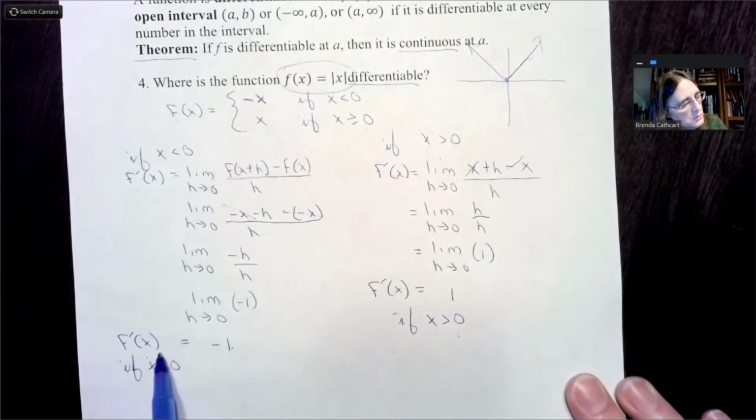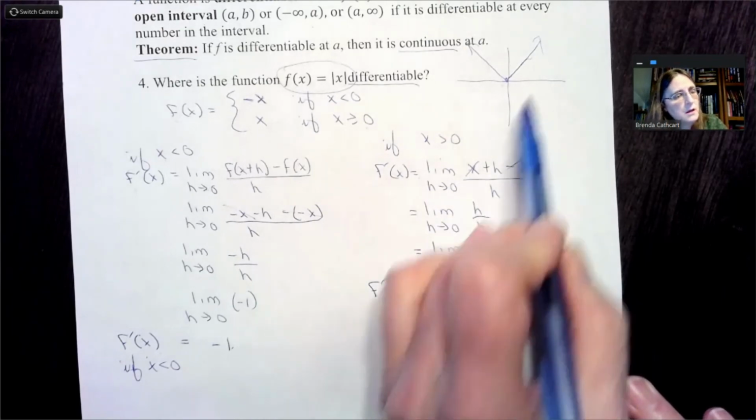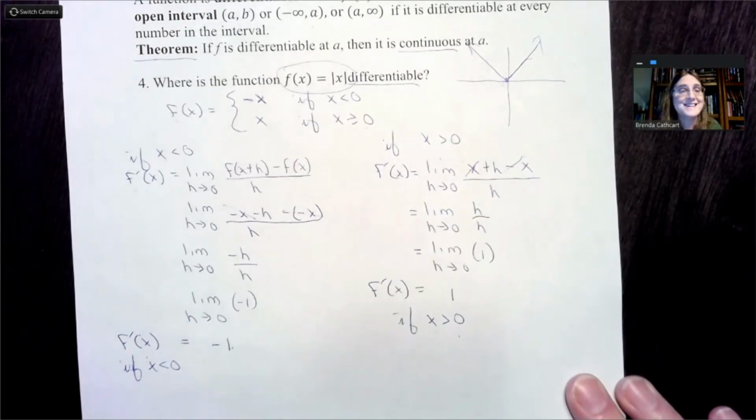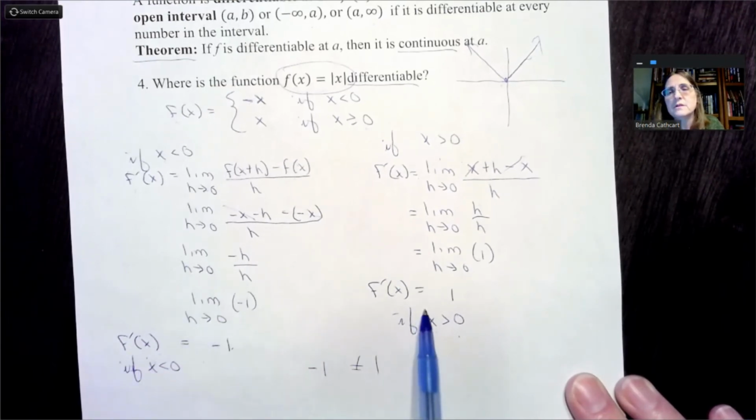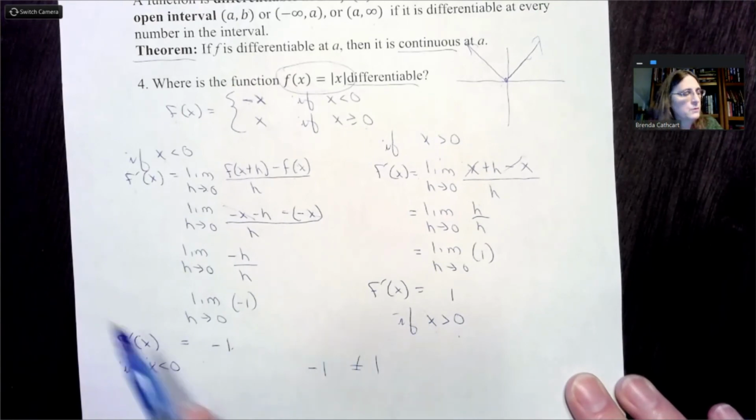Notice that the two slopes, the one from the left side and the one from the right side, are not the same. Negative 1 does not equal 1. So the derivative from the left does not equal the derivative from the right.